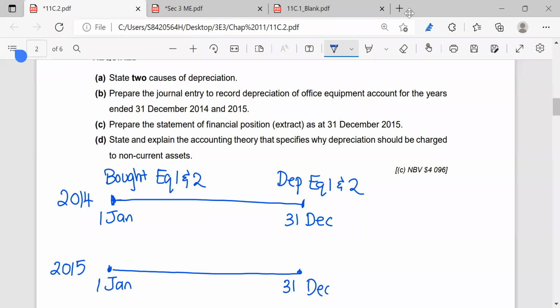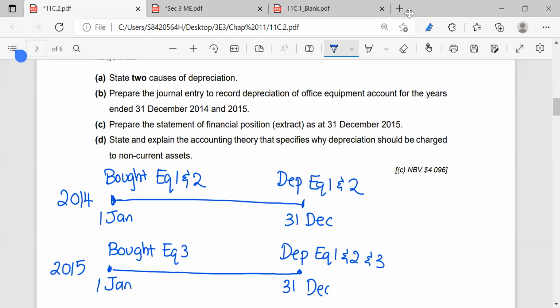First day you bought the third equipment, which is your printer, but you just call it EQ3 for equipment. Now, on the last day of the second year, you need to take note that you need to depreciate all 3 equipment. Depreciate EQ1, 2, and 3.